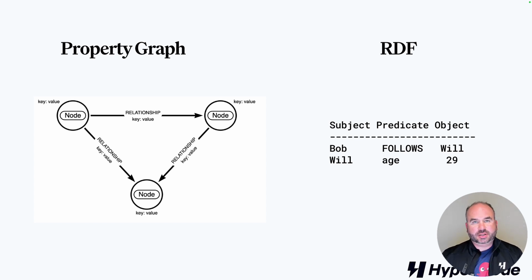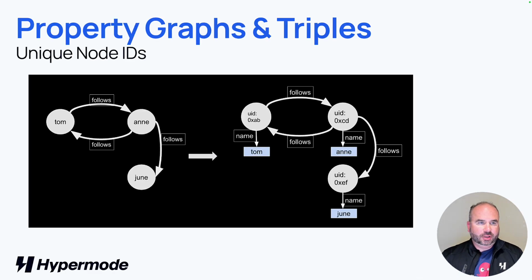The subject is always going to be a node. A predicate can be a relationship or a property. And then an object, in the case where the predicate is a relationship, is a node, or the value of a property. Let's look at how Dgraph works with both property graphs and triples.